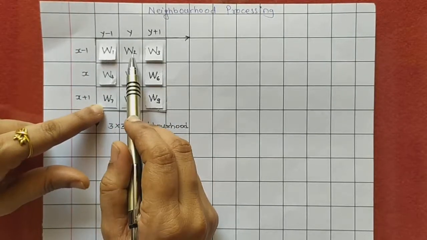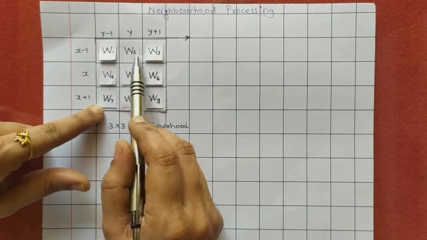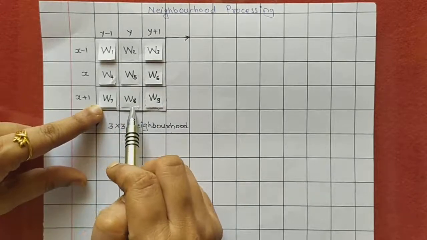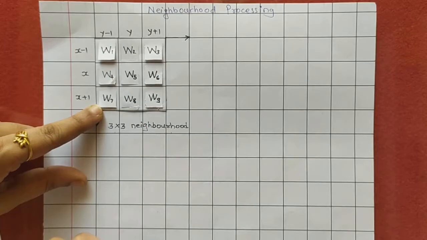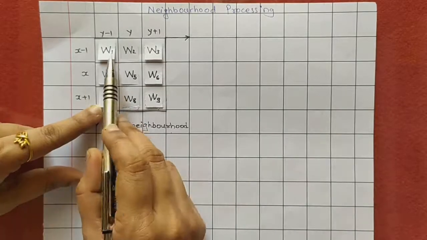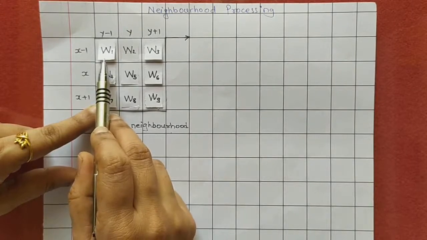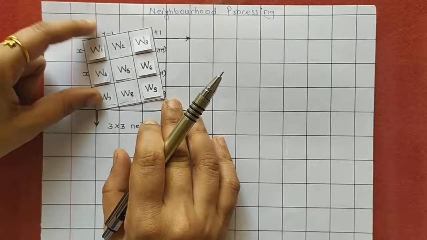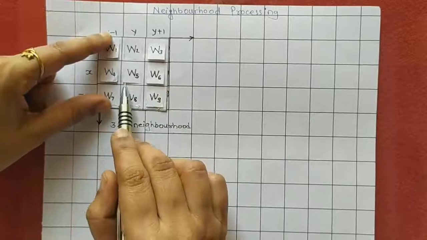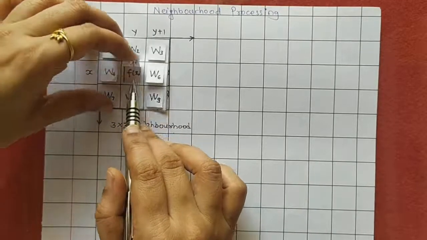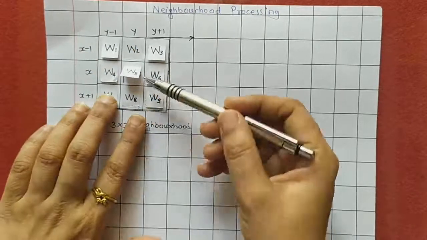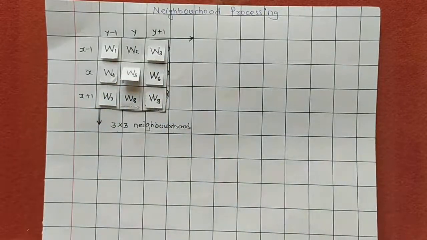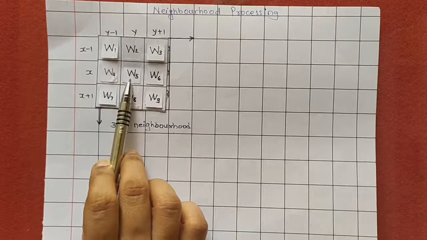Like this we multiply each mask coefficient with the corresponding image pixel, add all the values, and replace the calculated value at the center where our mask overlaps, that is, we change the value of f of x y. This is the 3 by 3 mask which we overlap with our image.